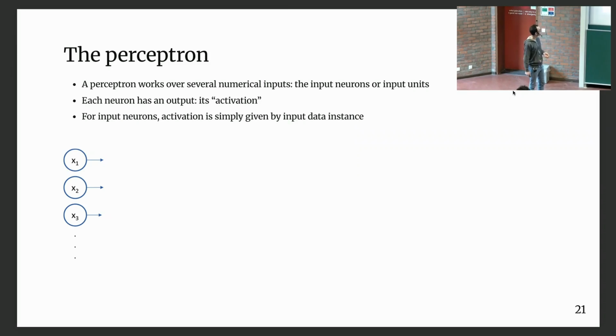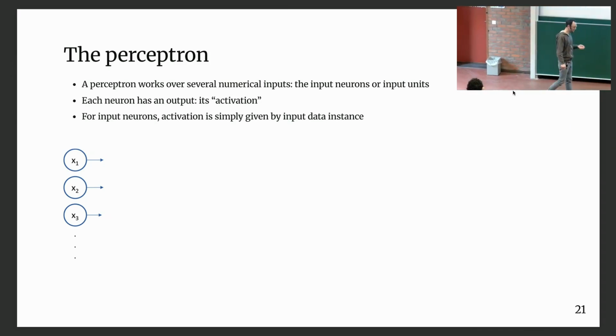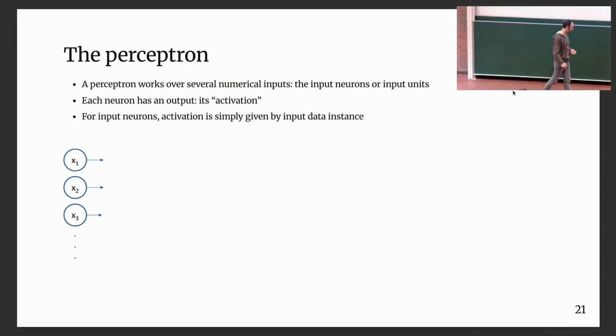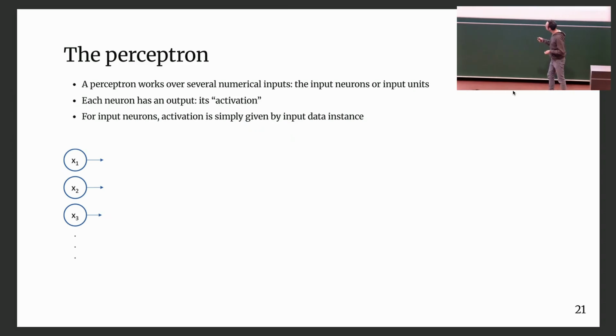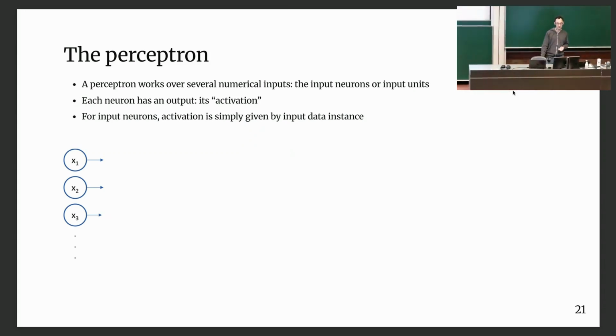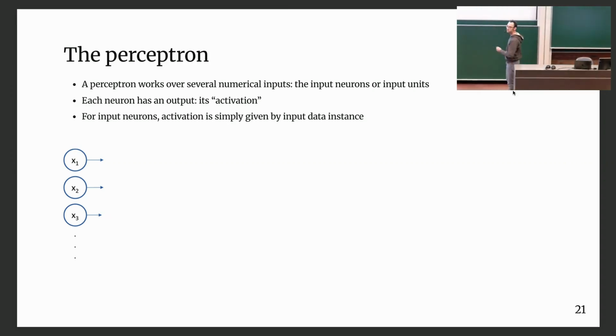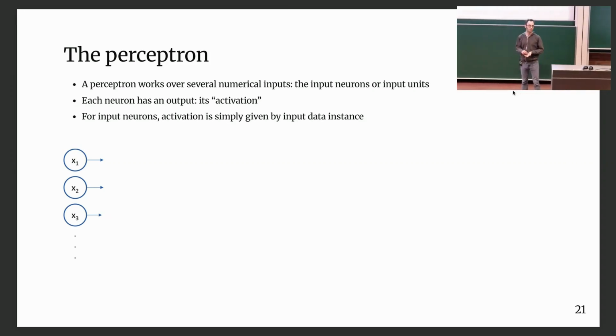Here we already have one type of neuron that is being listed, and these are input neurons. As you can see, we have 3 of them plotted here. These only serve to act as entry points to feed in an instance that we have. Think about a row in a data set, or a single image, and feed that into the rest of our network to do something with that instance.